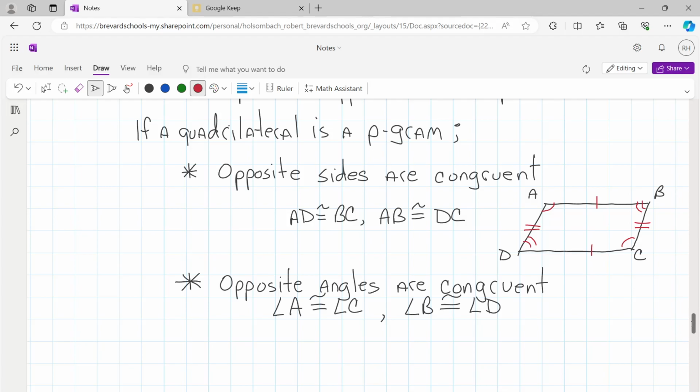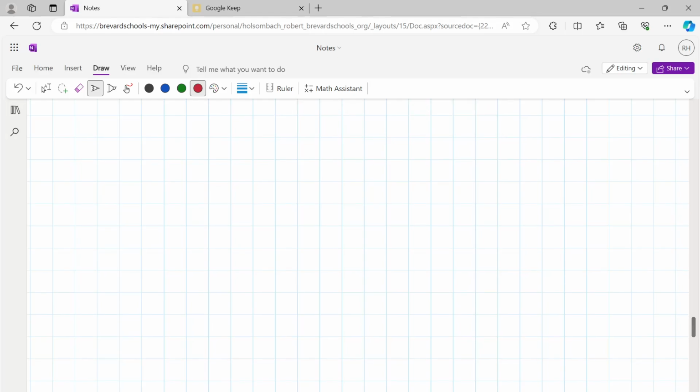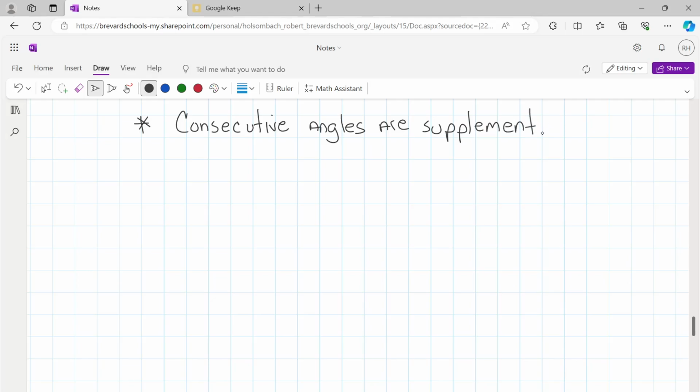The third rule that applies to parallelograms: consecutive angles are supplementary. Consecutive angles.